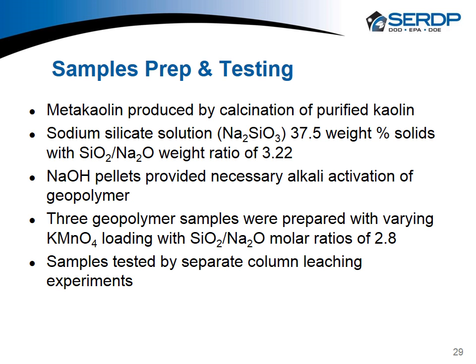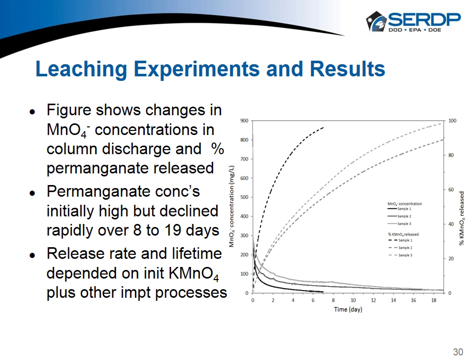The samples were tested by separate column leaching experiments. The first sample has about 10 grams of potassium permanganate. The second one has about 35 grams, and the third sample is about 50 grams of potassium permanganate. This figure shows the change in permanganate concentrations in column discharge and percent permanganate release through time.